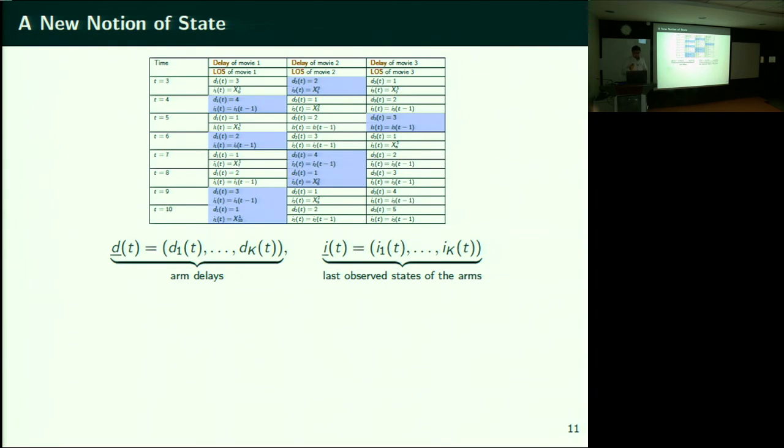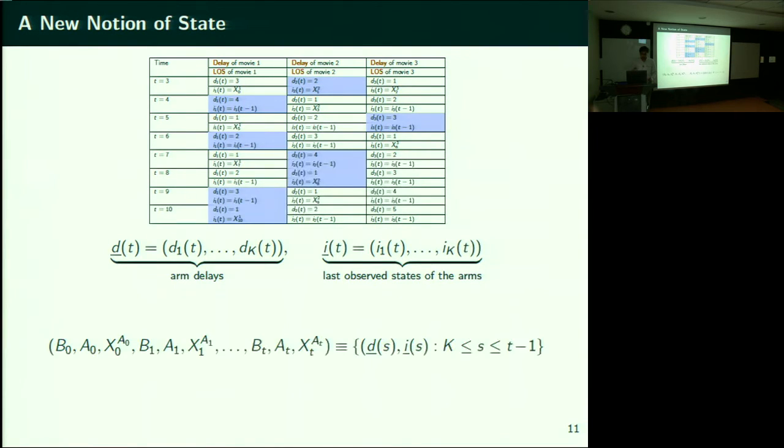So with this notion of delays and last observed states for each of the movies, notice that giving this full information is equivalent to giving this full thing up to some time. My notation is that at t equal to 0, t equal to 1, t equal to 2, up to t equal to k minus 1, I sample the arms in the same order, arm 1, arm 2, arm 3, up to arm k.